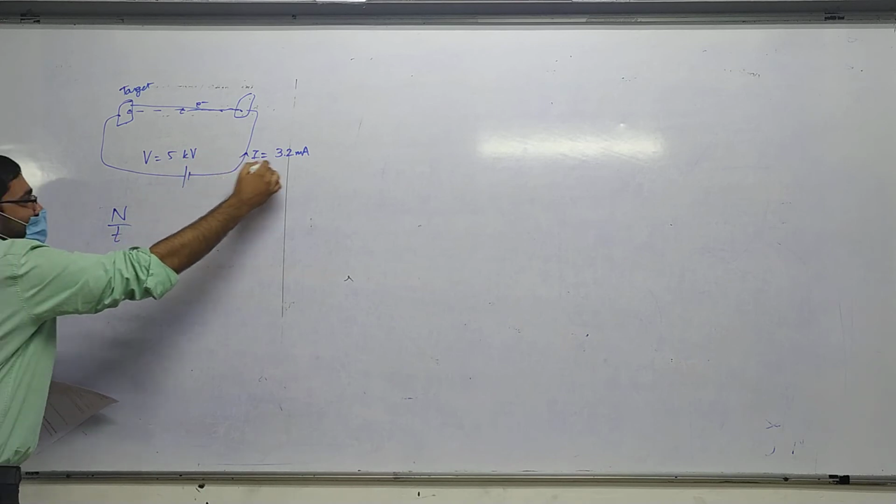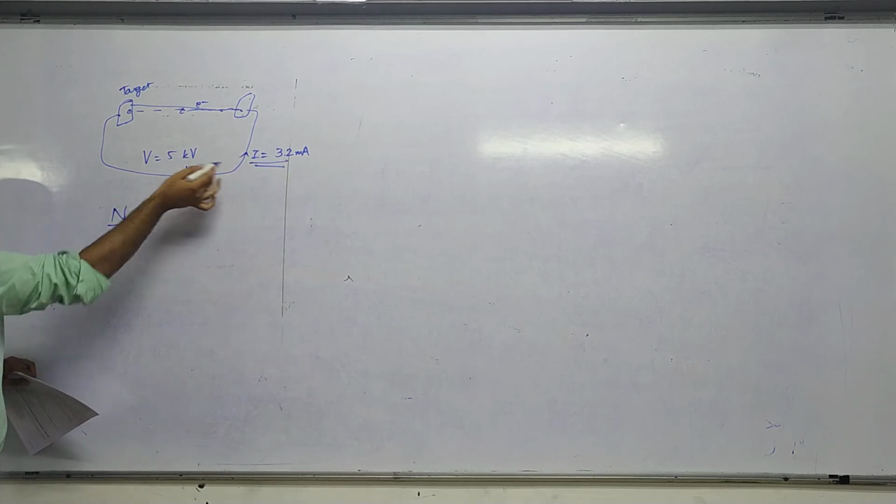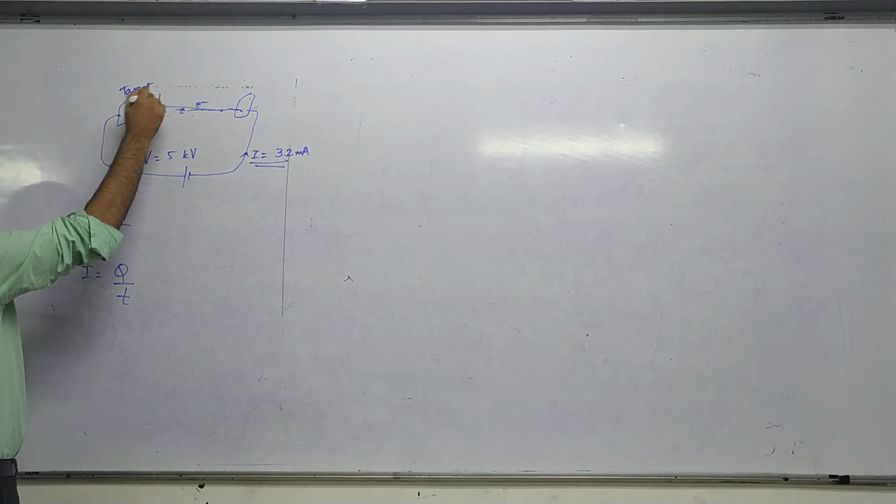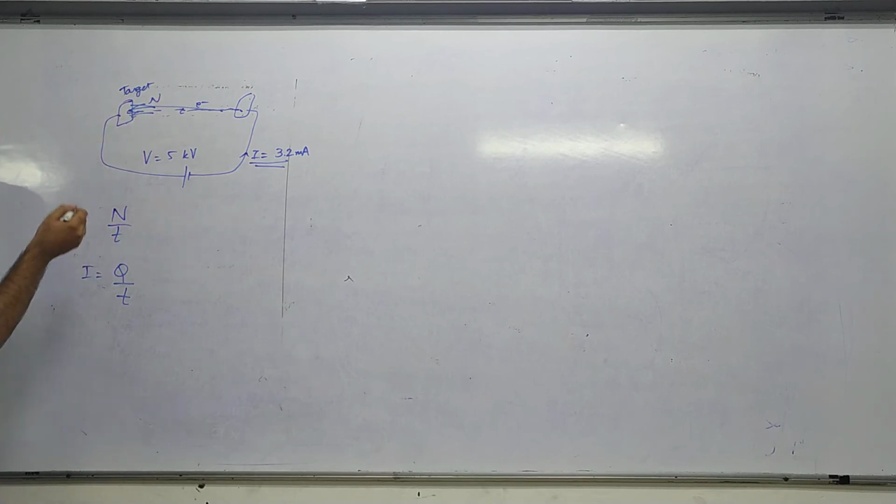Current is given. Is there a way to relate this with this? What is the basic meaning of I? I is equal to Q by T. And if n electrons are hitting here, how much charge is flowing? Ne. Correct or not?